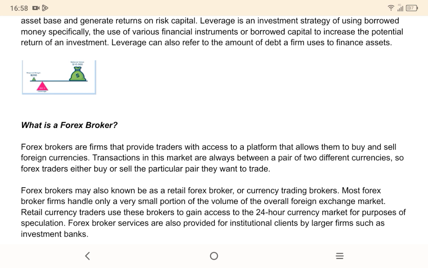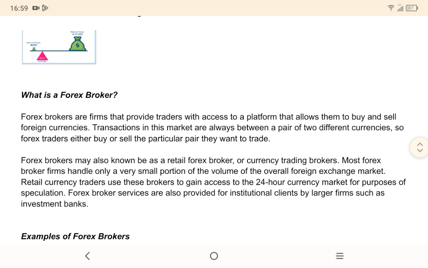They don't just give you a platform, they also give you leverage that you will use to trade the money. They know that you have $100, you have $200, but you can't trade this market. What do they do? They assist you with leverage that will help you trade the financial market.